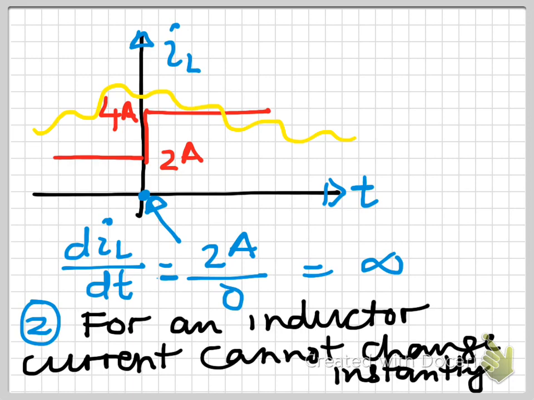So you can consider any two instants. For instance, let's say you consider this point and this point as any two instants. The current is the same when you compare the two instants.